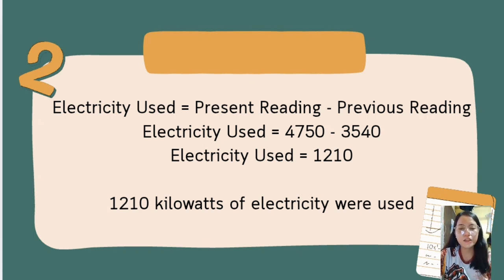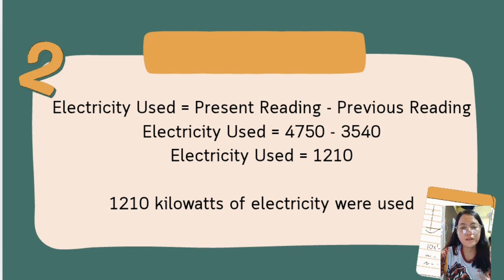Now let's subtract the previous reading from the present reading. Electricity use is present reading minus previous reading. So the electricity used is 4,750 minus 3,540, the previous reading.